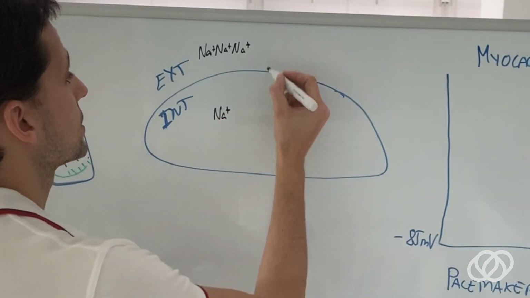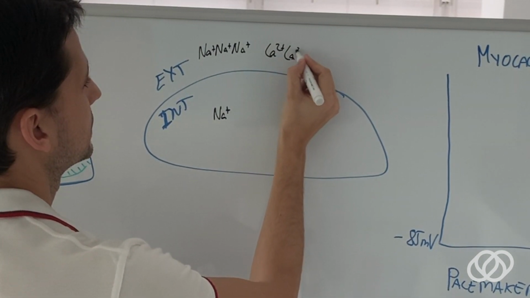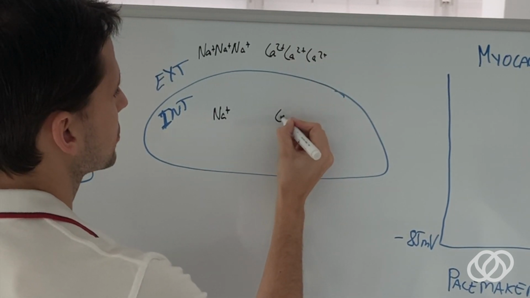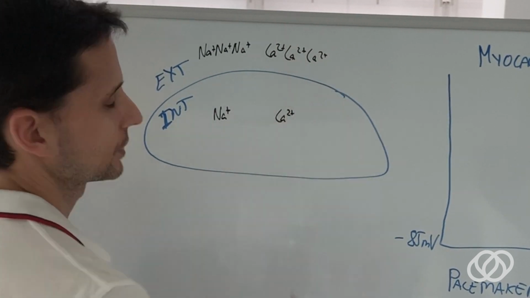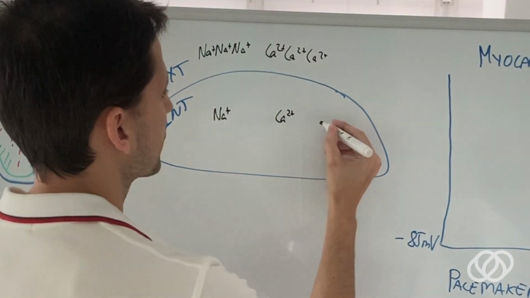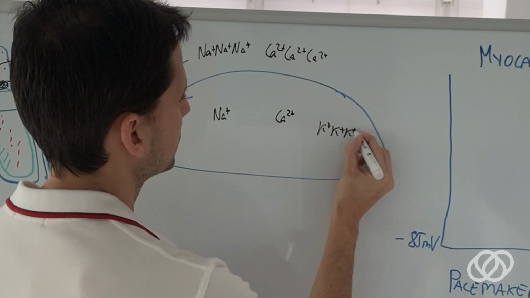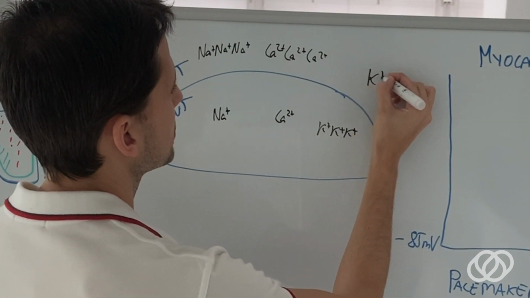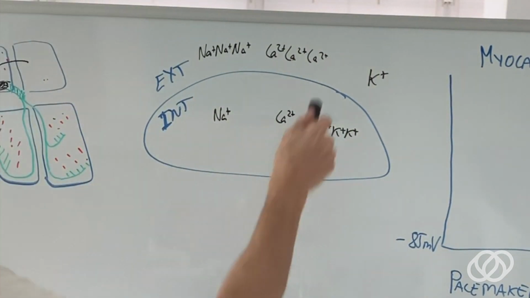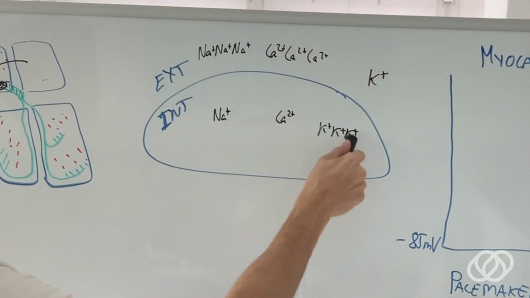We know that there is a lot of calcium outside of the cell, and there is less calcium in the inside of the cell. With potassium, it's the opposite. So there is a lot of potassium inside the cell, and there is less potassium in the outside of the cell. We can see that we have many more positive charge in the outside of the cell rather than the inside.